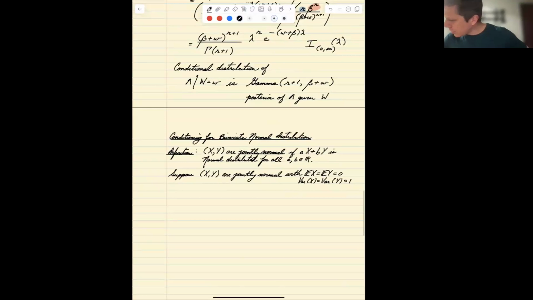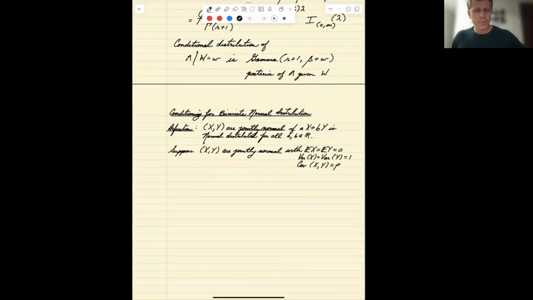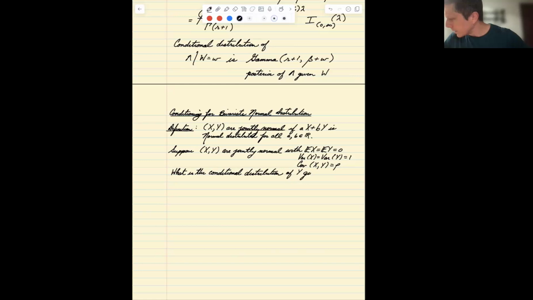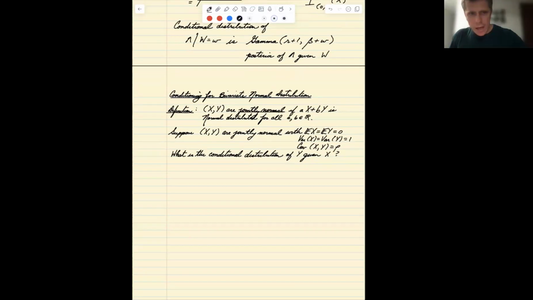And let's assume their covariance is some value rho. Then we can ask, what is the conditional distribution of Y given X? So how are we going to do this?